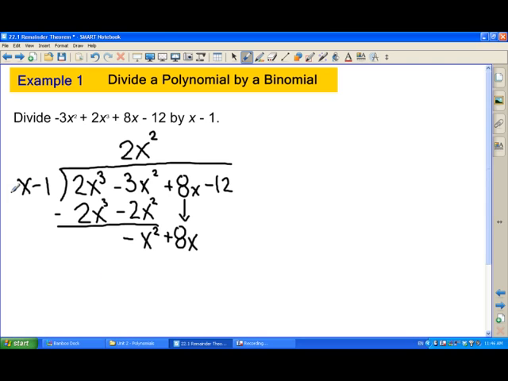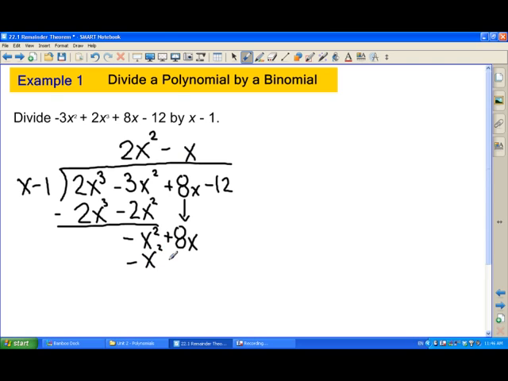I look at the first term in my binomial, and I ask myself, what value do I need to multiply x by to get negative x squared? And I'd have to multiply it by negative x. Negative x times x is negative x squared.